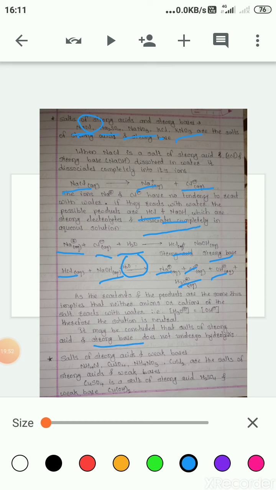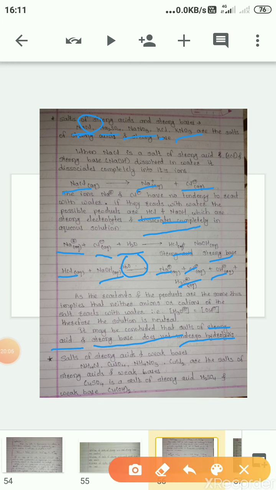You have to remember one thing: the salts of strong acid and strong base do not undergo hydrolysis. Now what we have seen here for the salts of strong acid and strong base: when they are dissolved in water, they produce a cation and an anion which do not react with water molecules, as they would again produce strong electrolytes.